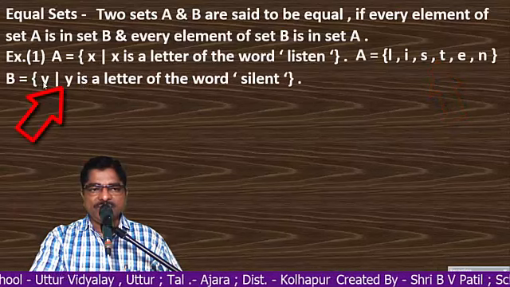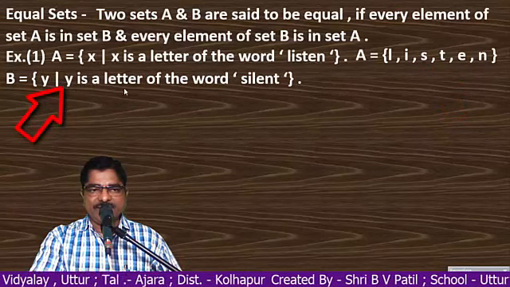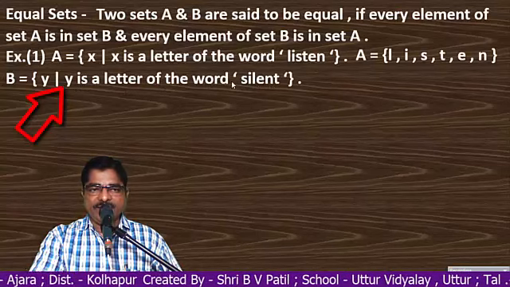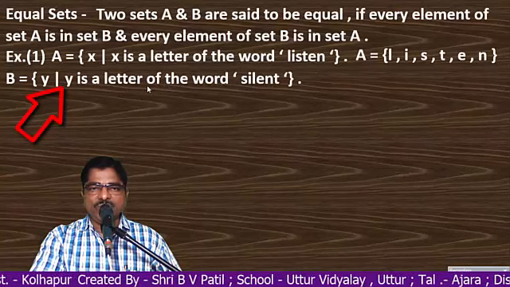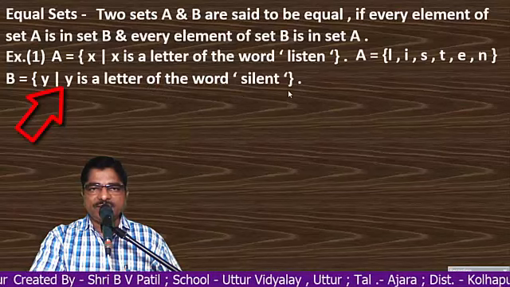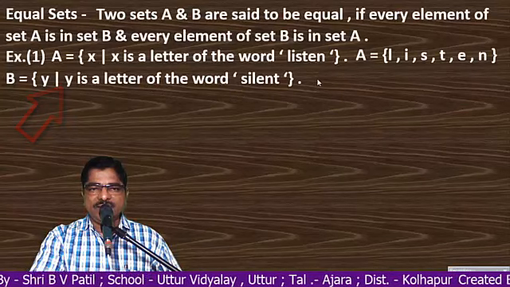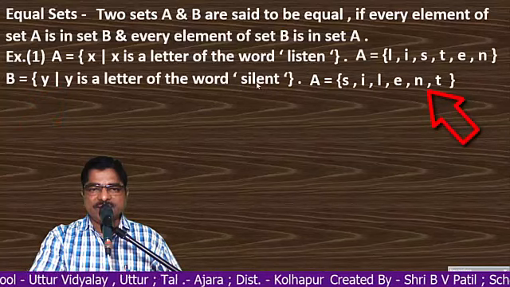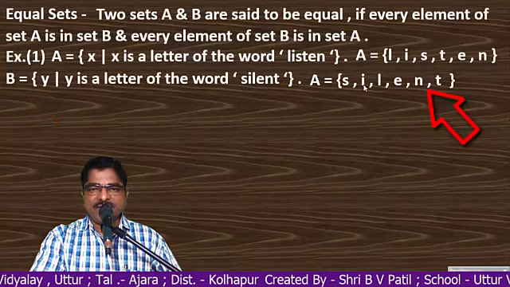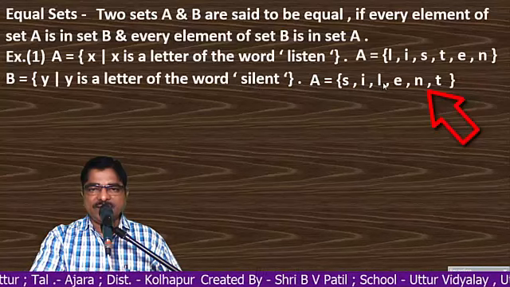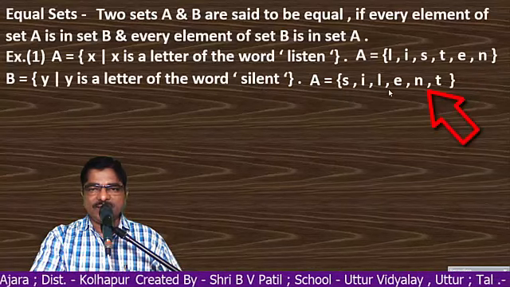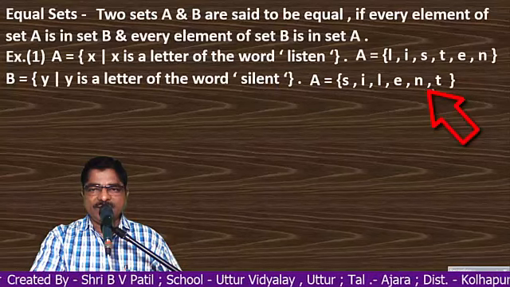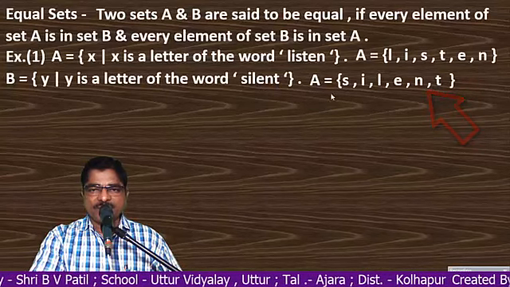B is equal to y such that y is a letter of the word silent. This is the rule method. We write in listing method B is equal to: first letter is S, second letter is I, third letter is L, fourth letter is E, fifth letter is N, and sixth letter is T.